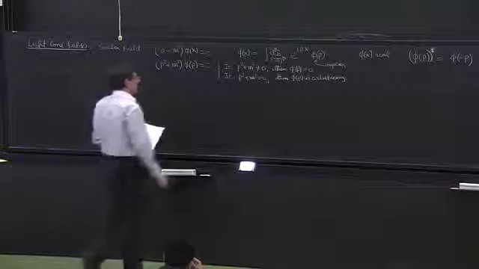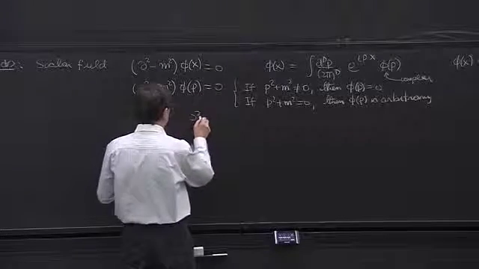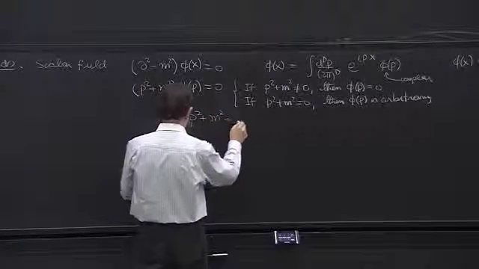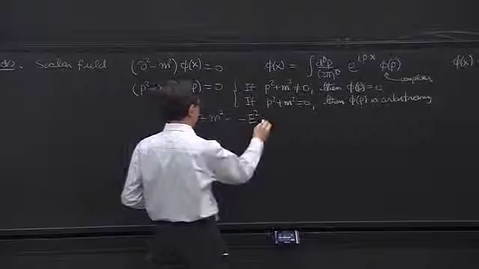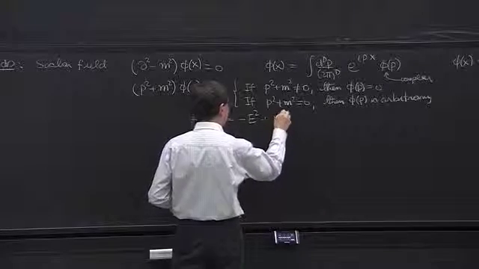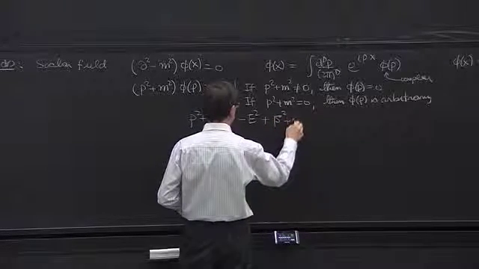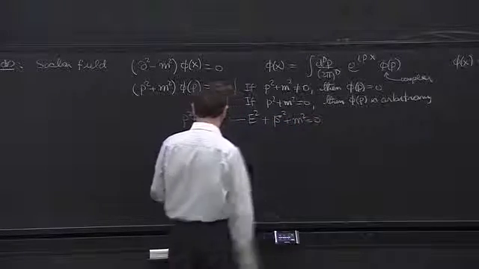So what is p² + m²? It is equal to minus the energy squared, putting the speed of light equal to 1, plus the vector p squared plus m², equal to 0.